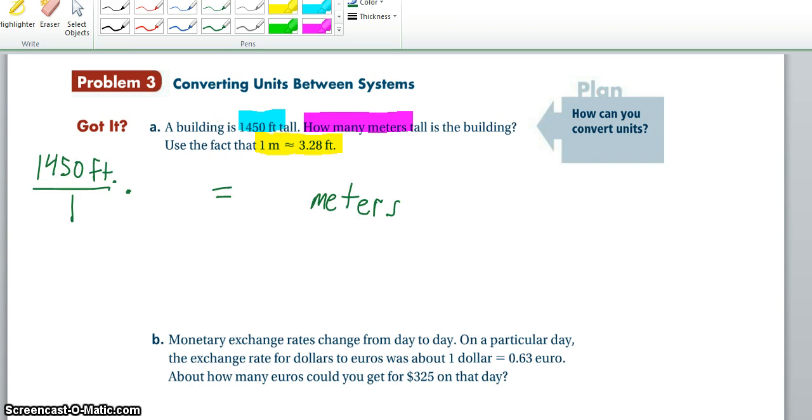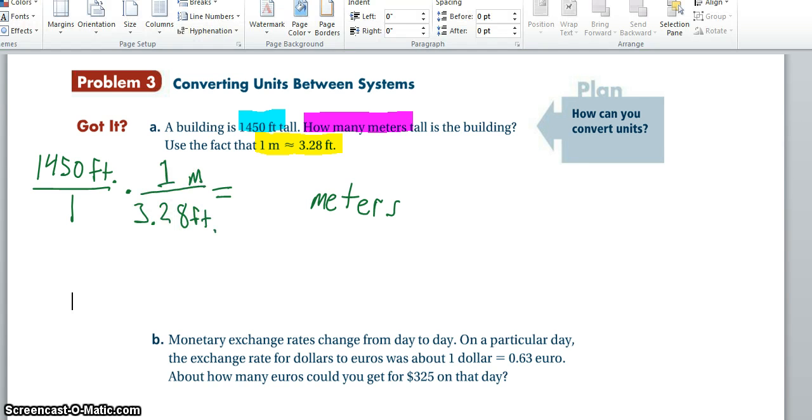Alright, if you are struggling to get started, this is what it should look like. You set up what you have over 1, you leave space to multiply by a conversion factor, and you write out what you want to end in, which is your meters. I always include my labels in my conversion factor because as soon as you don't use a label, you will set it up upside down and you will do the wrong thing.